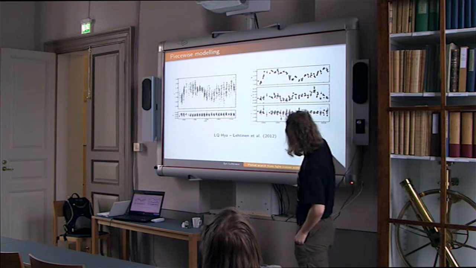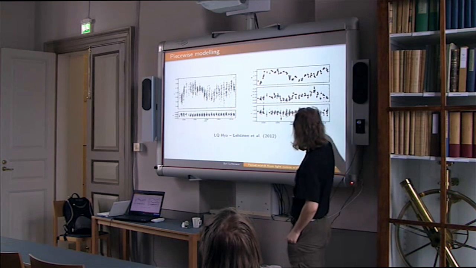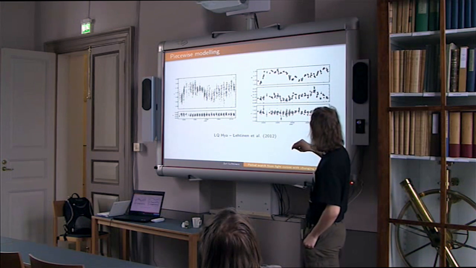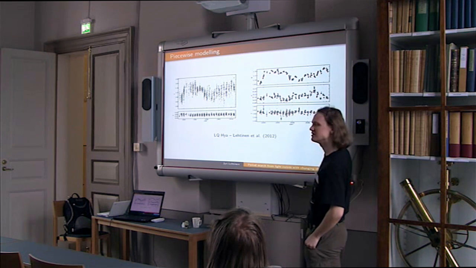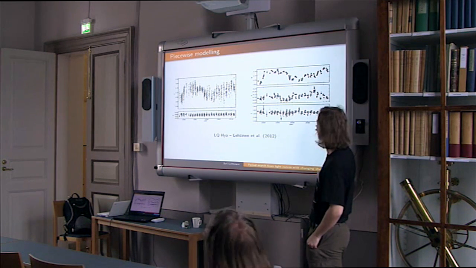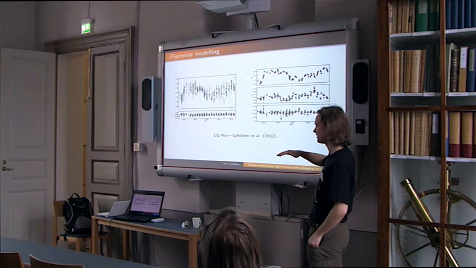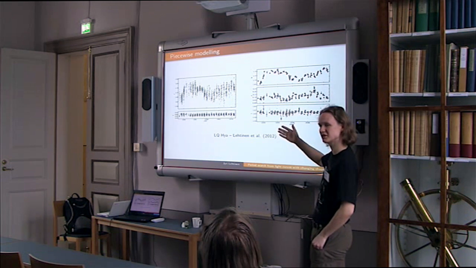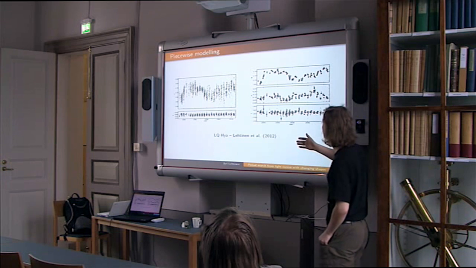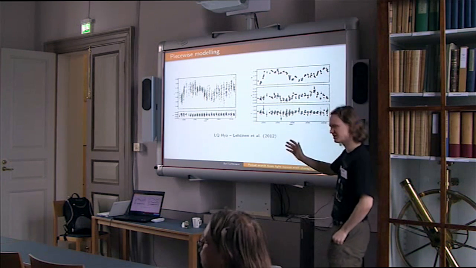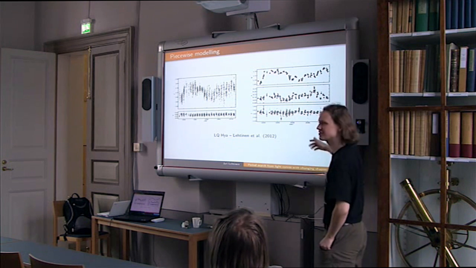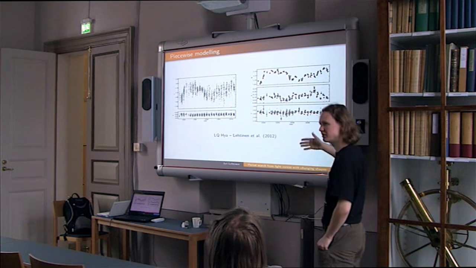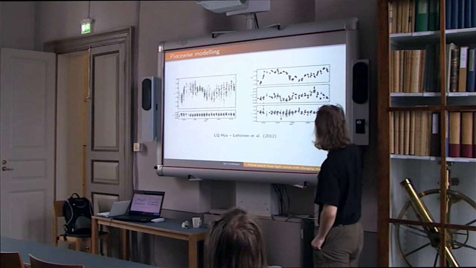But there is some variation from year to year. So there might in fact be not only random variations from one segment to another within the star, but also from year to year, so systematic changes. So yeah, this is something that using this kind of sliding method allows you to do.